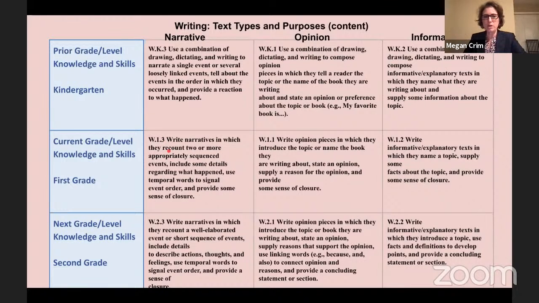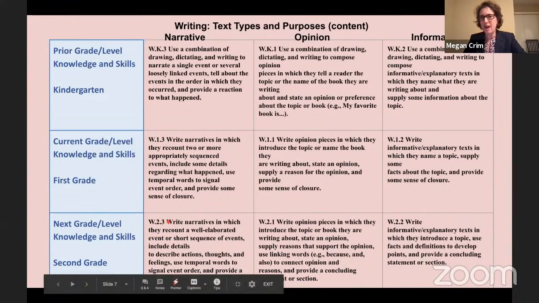So a student needs to be able to write narratives in which they recount 2 or more appropriately sequenced events, including some details regarding what happened, use temporal words like first, next, last to signal event order and provide some sense of closure. And then second grade just builds on that narrative writing.